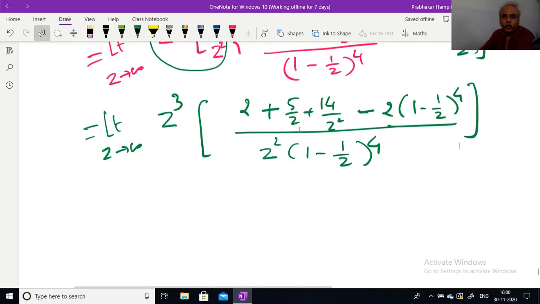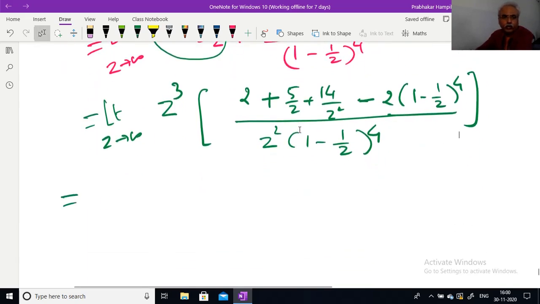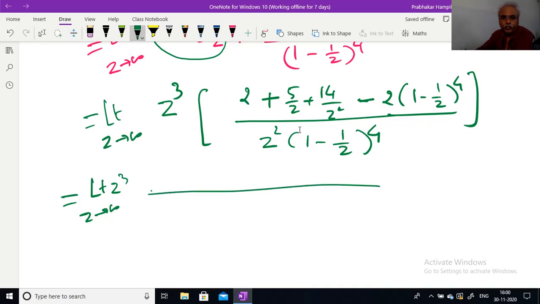Now little carefully, equal to limit of z tending to infinity, z cube, denominators as it is, of course you can make it z raised to 1, 1 minus 1 by z raised to 4, in the square bracket 2 plus 5 by z plus 14 by z square.